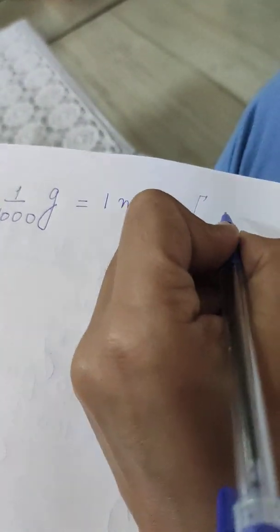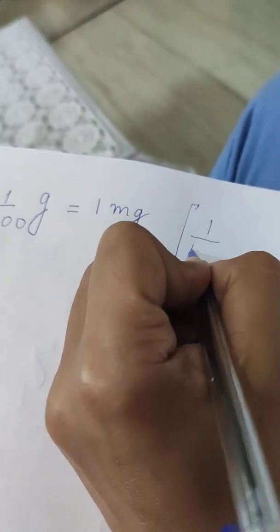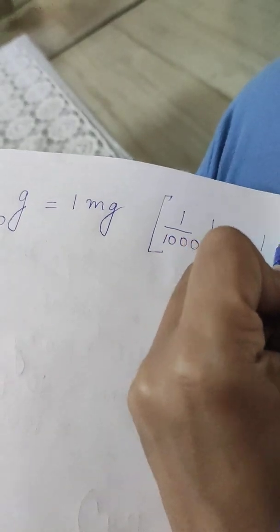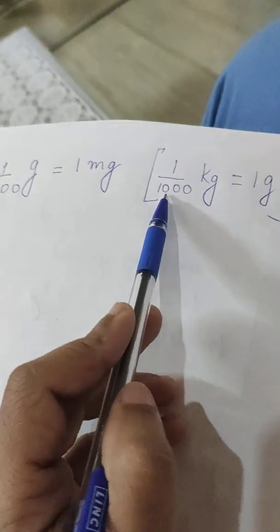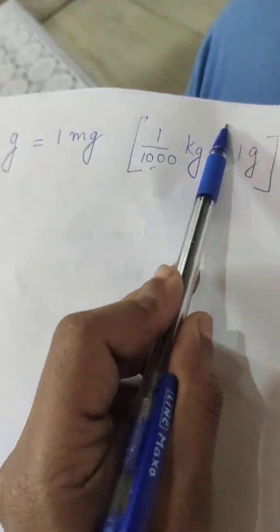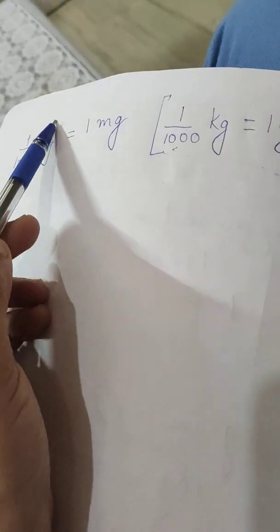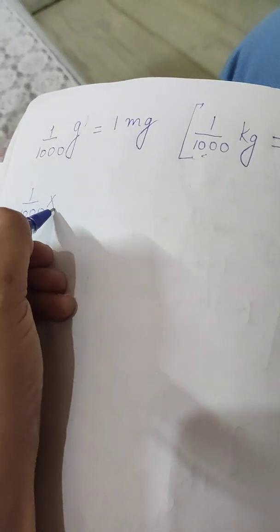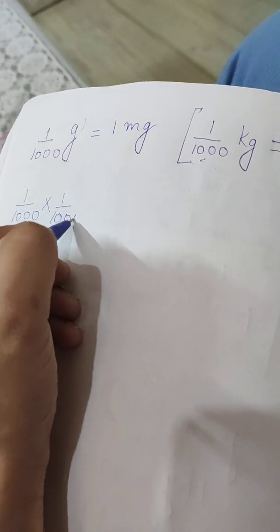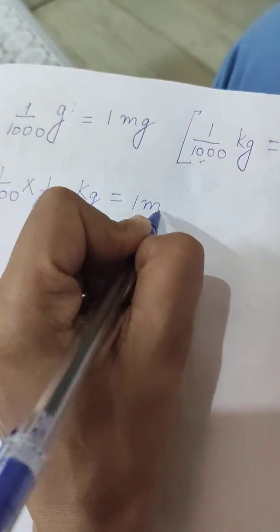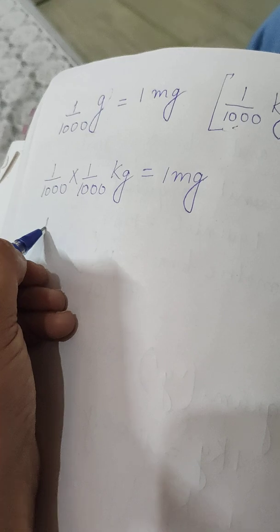And we have done that 1 upon 1000 kilogram is equal to 1 gram. Now, can I put the value of this 1 gram here? So it will become 1 upon 1000 into 1 upon 1000 kilogram is equal to 1 milligram.